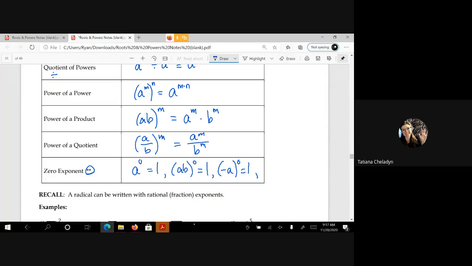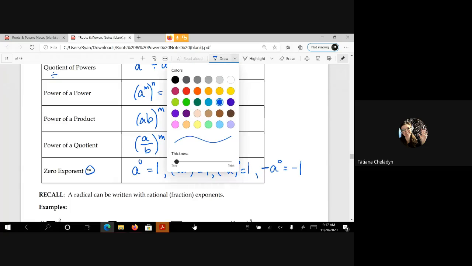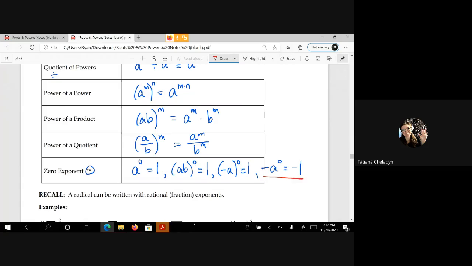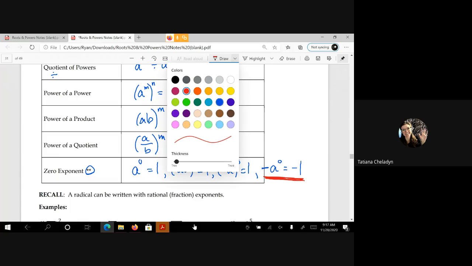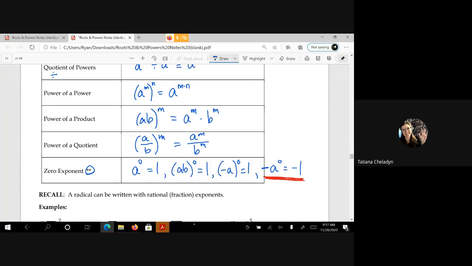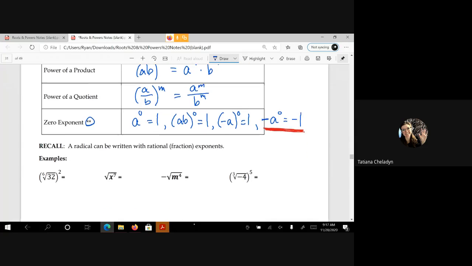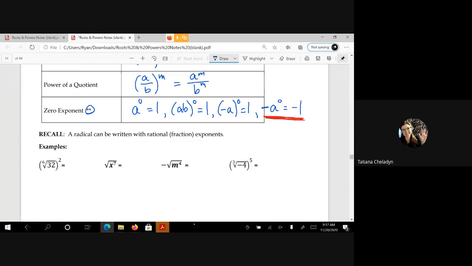And then this one is different, so you got to remember negative a to the 0. Nothing's in the bracket there. This will equal negative 1. So I'm just going to underline in another color. That one is different. You have to take a look at that. It can be tricky when you're thinking about other things. Okay, so that's zero exponents.